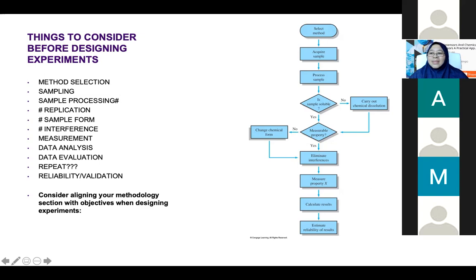You have to really look at it, and then do some statistical analysis: whether you have good precision, whether you have good accuracy, whether you need to remove outliers, or whether you have all blunders and have to repeat again. You have to look at this first before you do data evaluation.